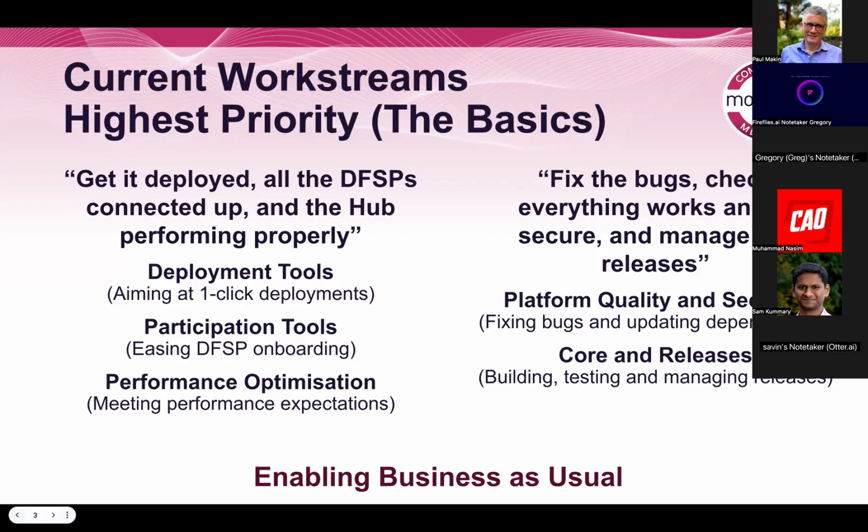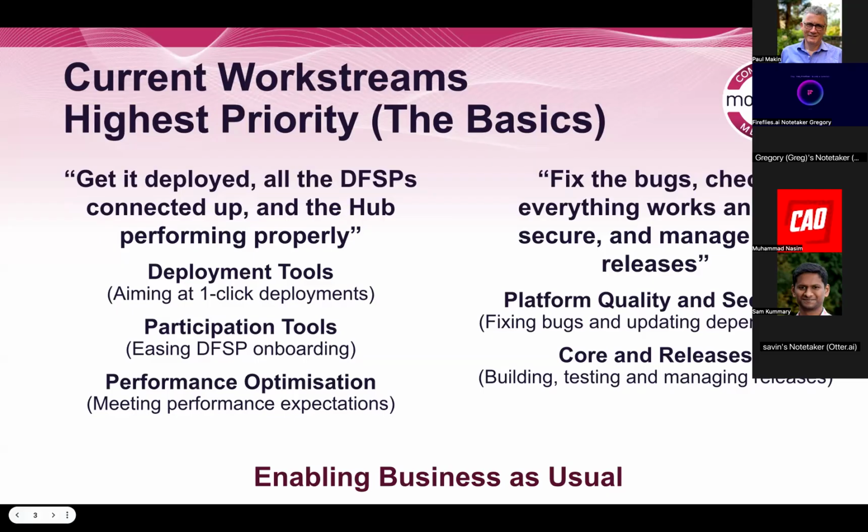These have been going for quite some time now. They've made significant progress. For example, deployment tools has developed an entirely new deployment tool called IAC Lite, which is going to be published soon to make deployment more straightforward. The ultimate aim is one-click deployments, but of course that's an ambitious target.